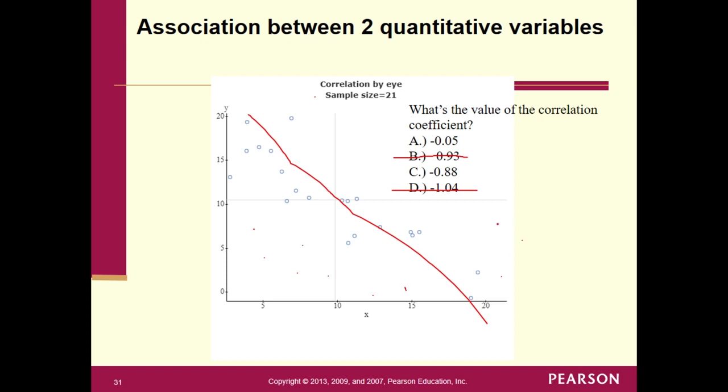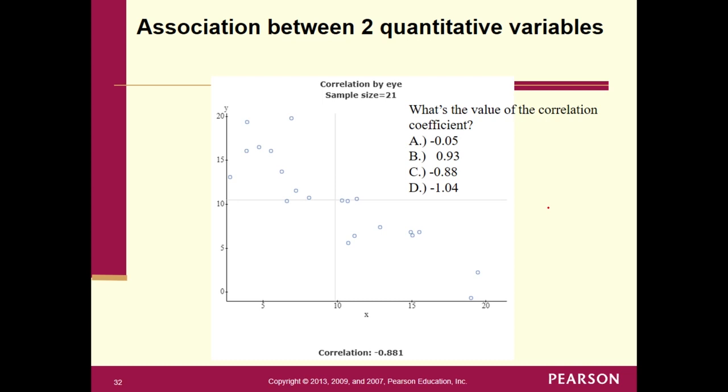I don't think we have that here, so we can eliminate that one. This looks like a moderately strong to very strong relationship, and our best answer is C. This looks like a strong negative relationship, and there's the actual correlation coefficient, negative 0.881.